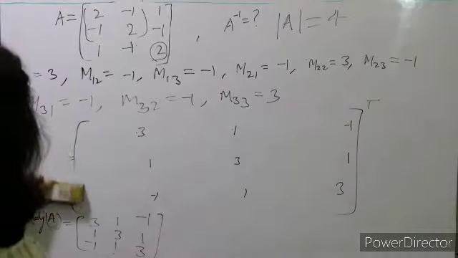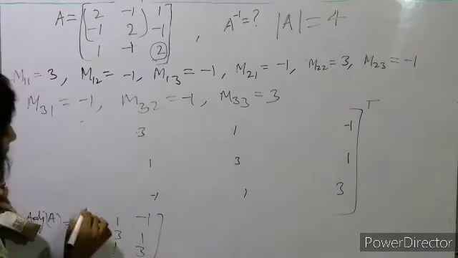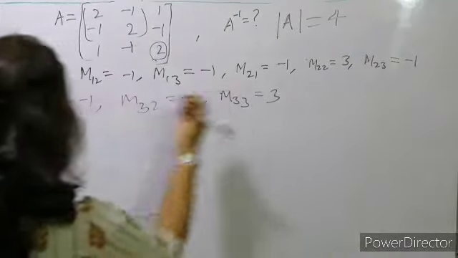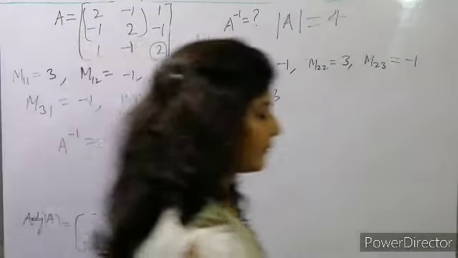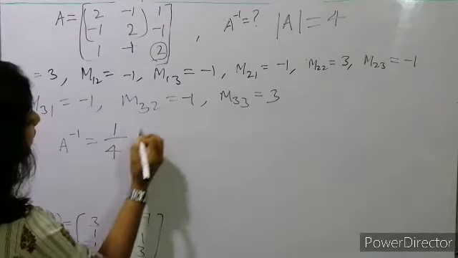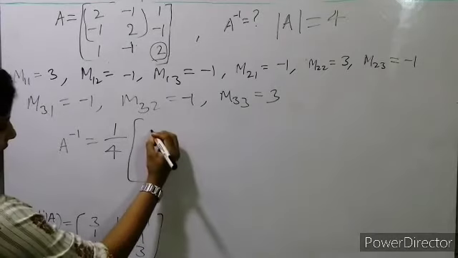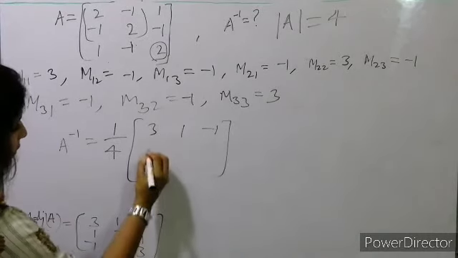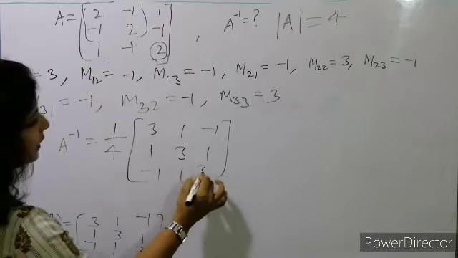Okay, now we'll write the inverse. What will be the inverse? The inverse of the matrix A will be 1 upon the value of the determinant, so 1 upon 4 into this matrix, adjoint of A. So that is 3, 1, minus 1, 1, 3, 1, minus 1, 1 and 3.